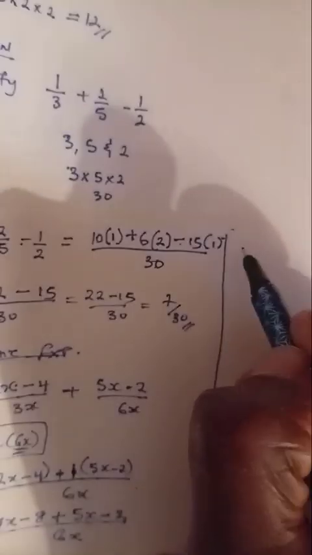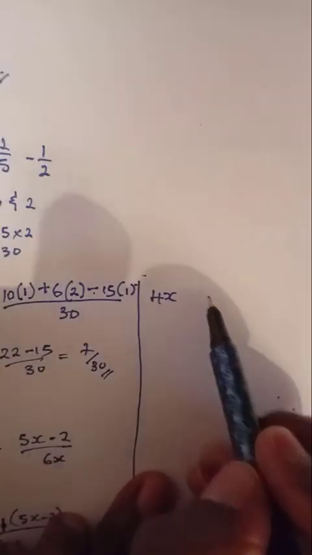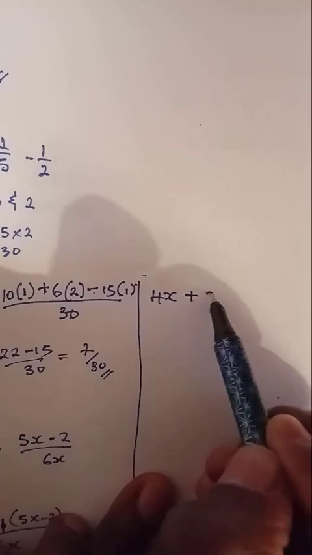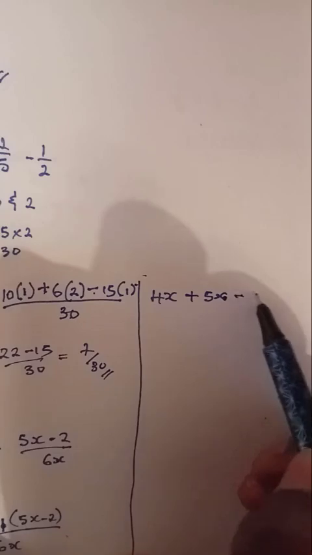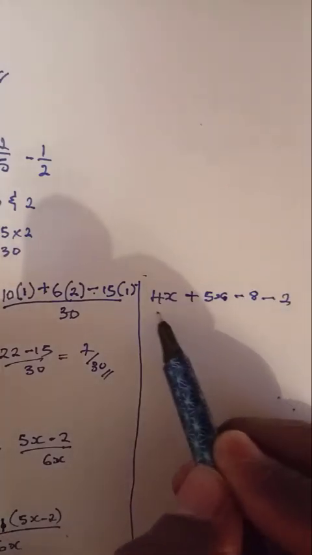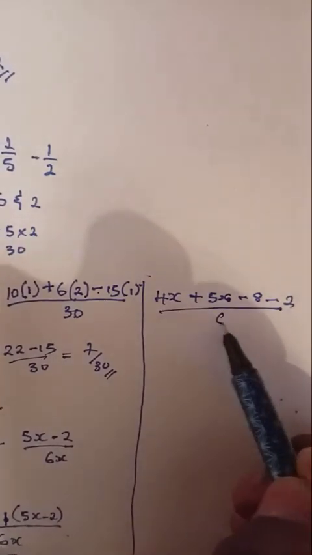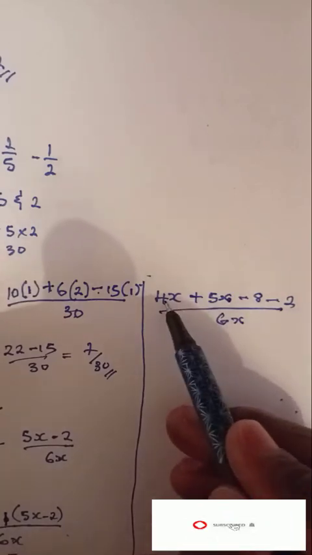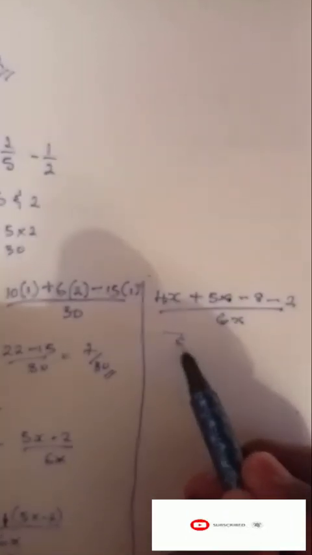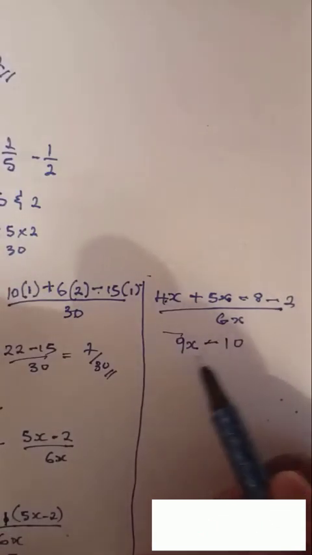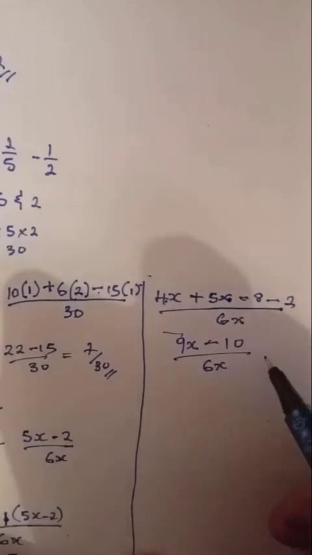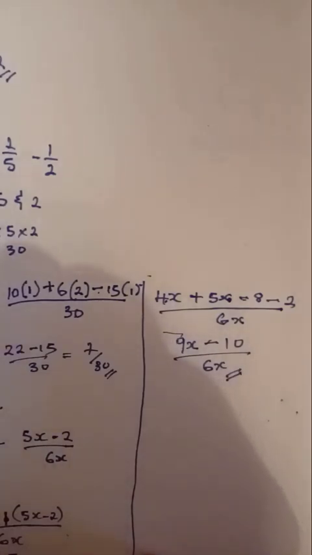So we have 4x plus 5x, then minus 8 minus 2 all over 6x, correct? So 4x plus 5x is going to give us 9x, and minus 8 minus 2 is going to give us minus 10 all over 6x. So this is the answer for this algebraic expression.